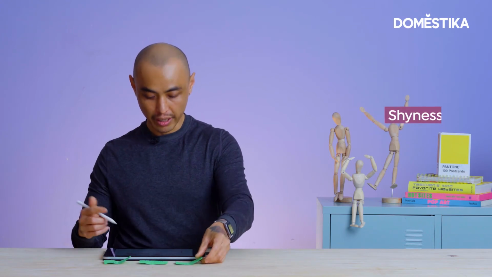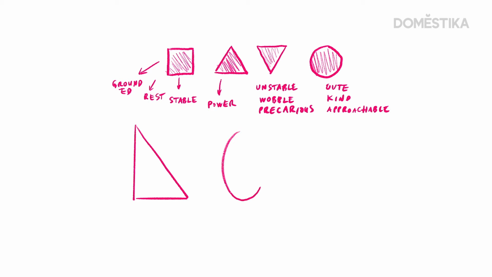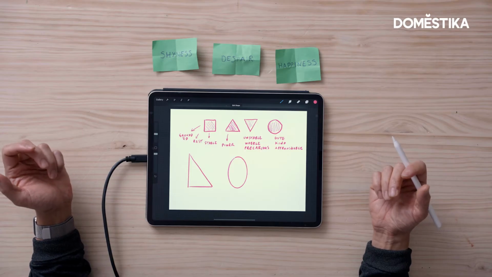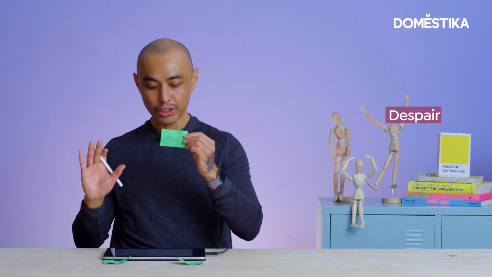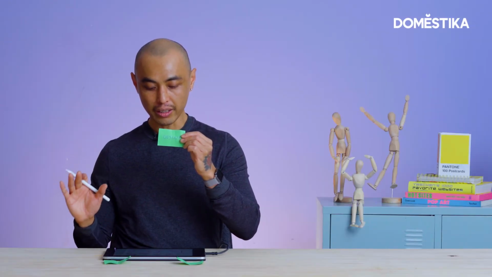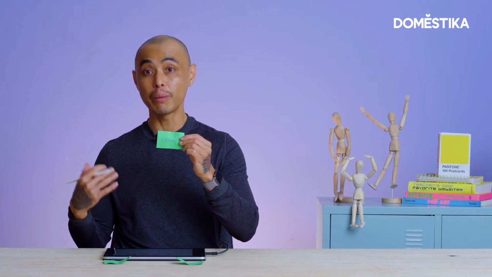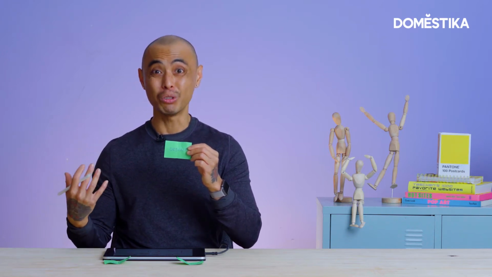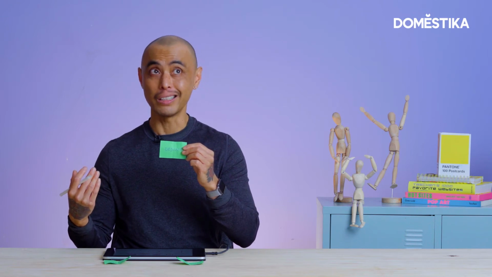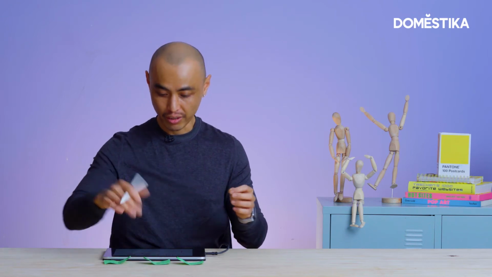So shyness would be the next one. I'm gonna do an ovular form, and despair is gonna be the last one, or sadness. I'm going to use a triangle, not a square, because as I mentioned, if you invert the triangle, you can create more of an unstable feeling, and I feel like despair is definitely not stable. So let's do that. Cool.